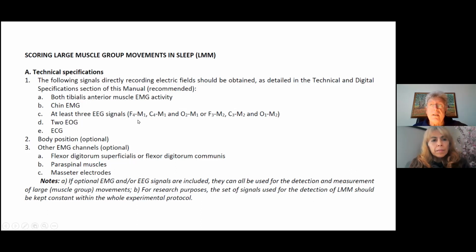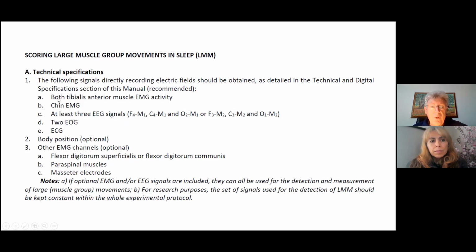The main channels that we use to identify these large muscle group movements are those that are usually used in standardized PSG recording. And they are based essentially on channels that record electrical signals from the surface of the body.